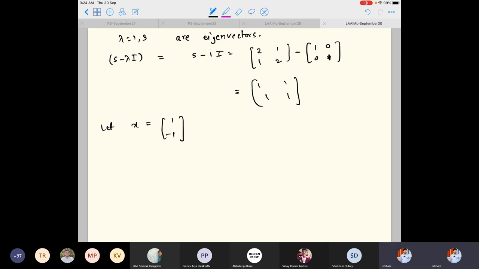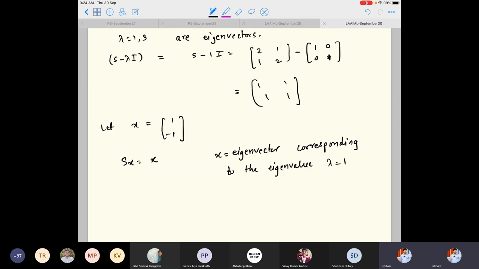If I take (1, -1) as the vector, then what happens? Do you all see that Sx is equal to x? So x is the eigenvector corresponding to the eigenvalue lambda equal to 1.